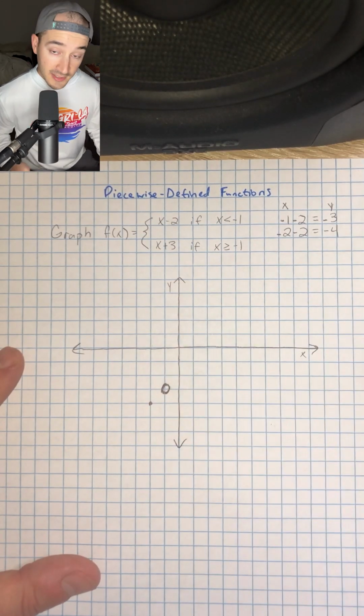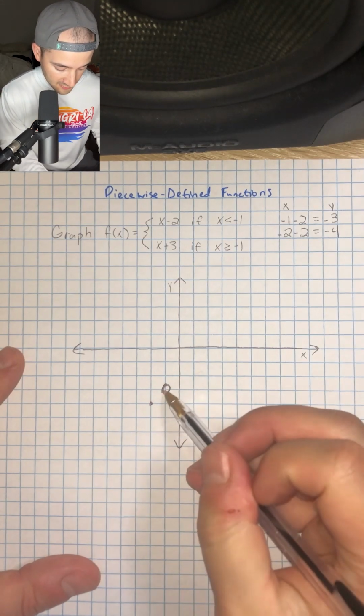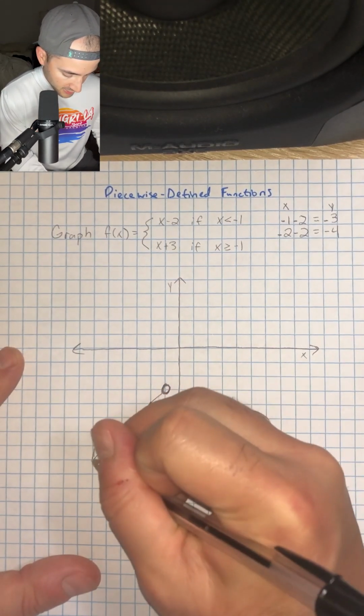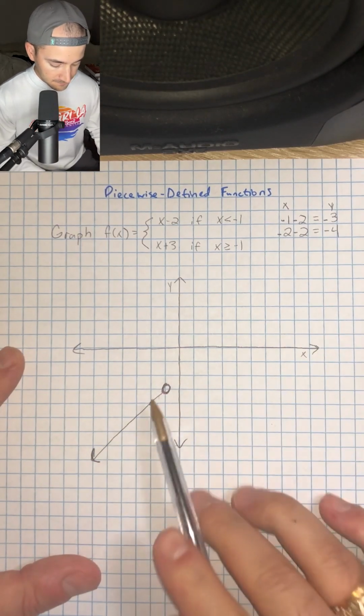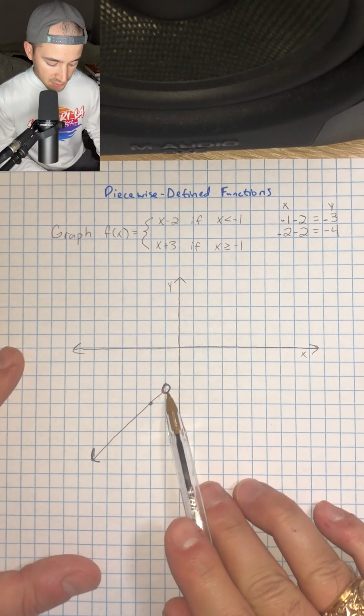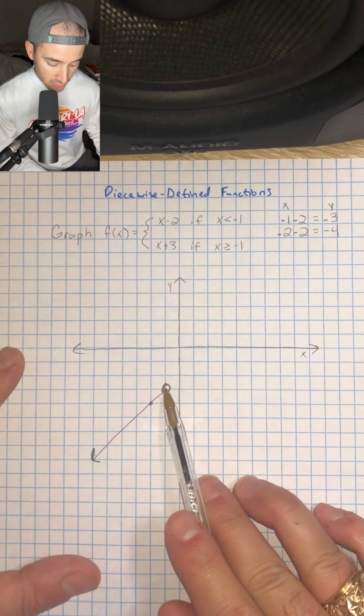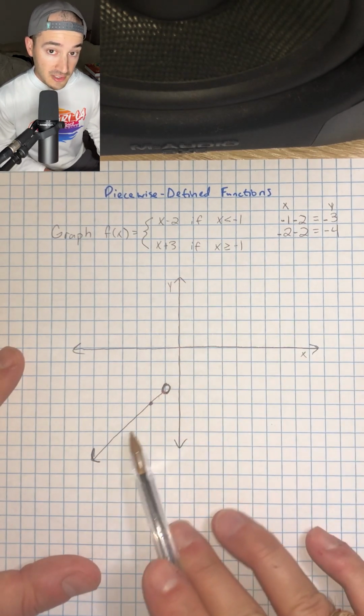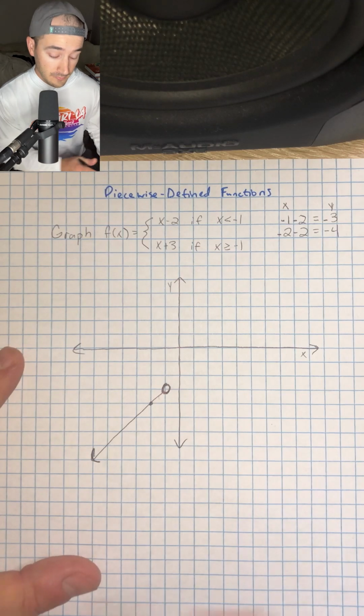And so now we can see what our line is starting to look like. So starting here, we have a line going back this way, going down, okay, and it stops once we get here at an open circle because it is not equal to negative 1. We just use that function when it's less than negative 1, okay?